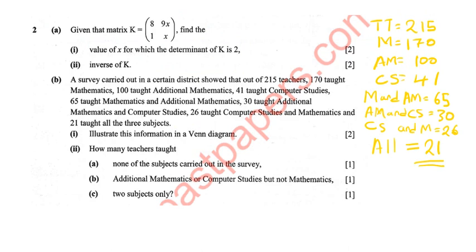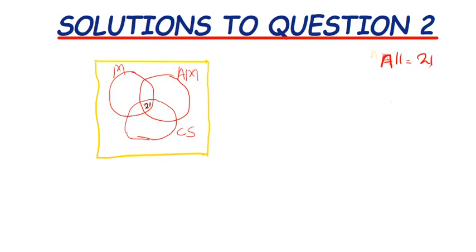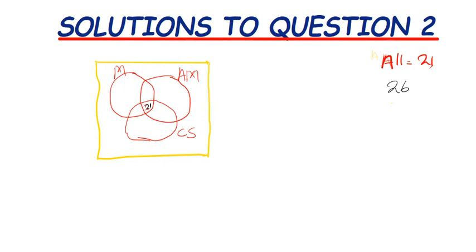So they have said computer studies and mathematics, they were 26. So you go on your Venn diagram, they have said 26, all those who taught what? Mathematics and computer studies, like that. Since we already have 21 who taught mathematics and computer studies, in order for us to know those that only did mathematics and computer studies, we can just subtract 26 minus 21.